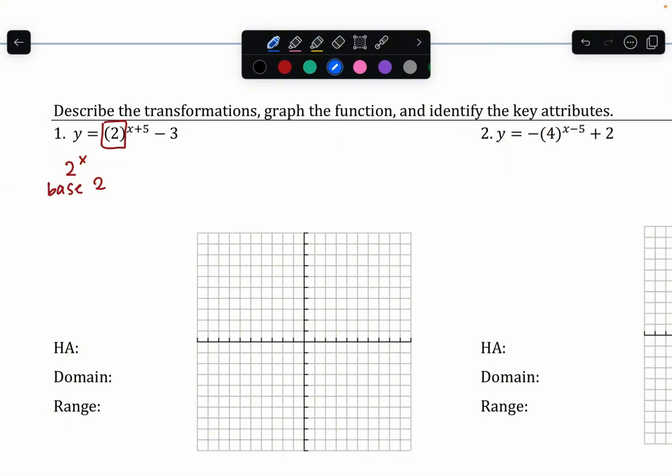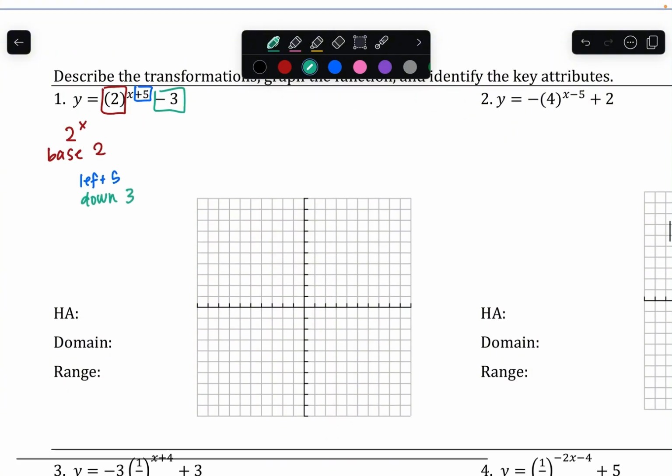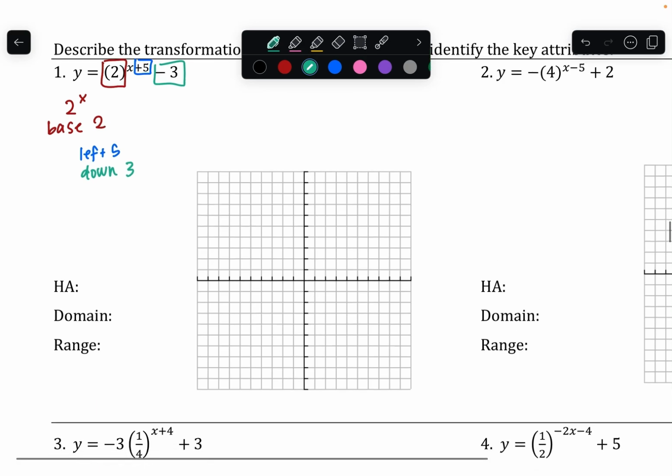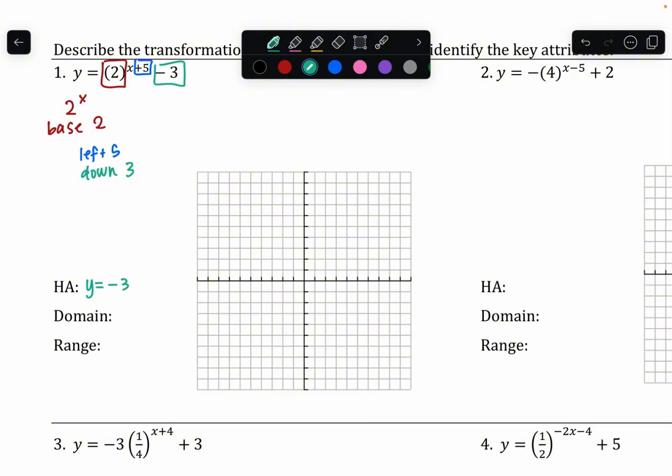And so we have a left 5, and then we also have a down 3. Okay, and so once you've identified your transformation, start by graphing the horizontal asymptote. Because we're down 3, the horizontal asymptote is y equals -3.